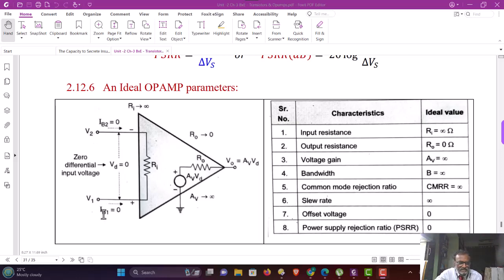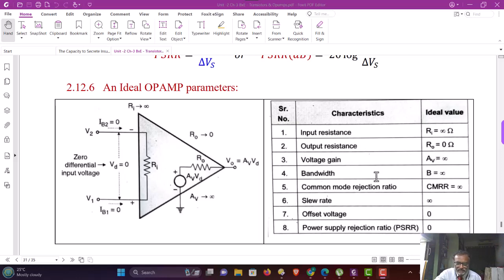So V2 minus V1 is the differential input voltage, or it can be defined as V1 minus V2, only the sign will be changed. So in the table, the ideal characteristics of the op-amp are shown here. Input resistance Ri equal to infinity, output resistance Ro equal to 0, voltage gain is infinity.